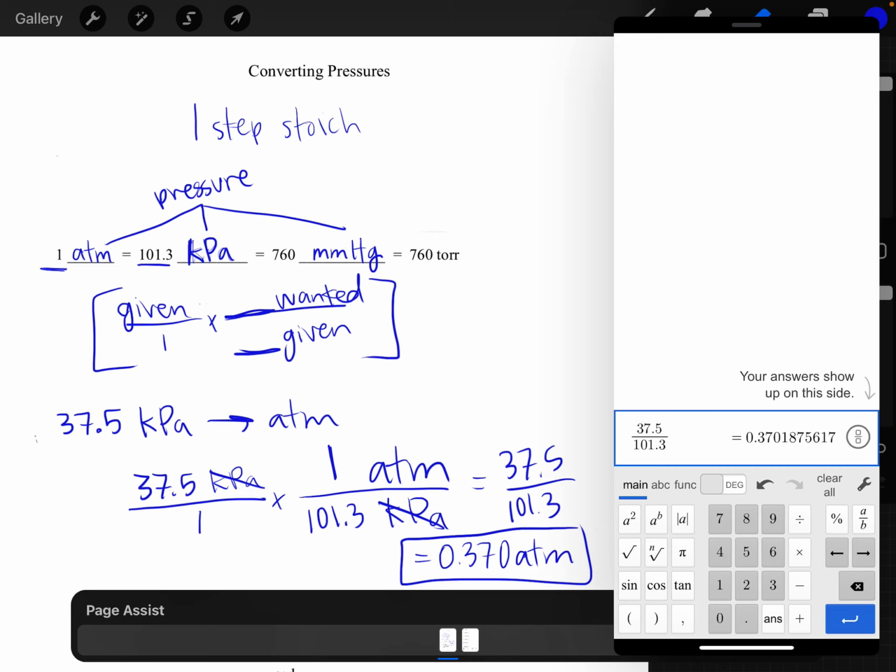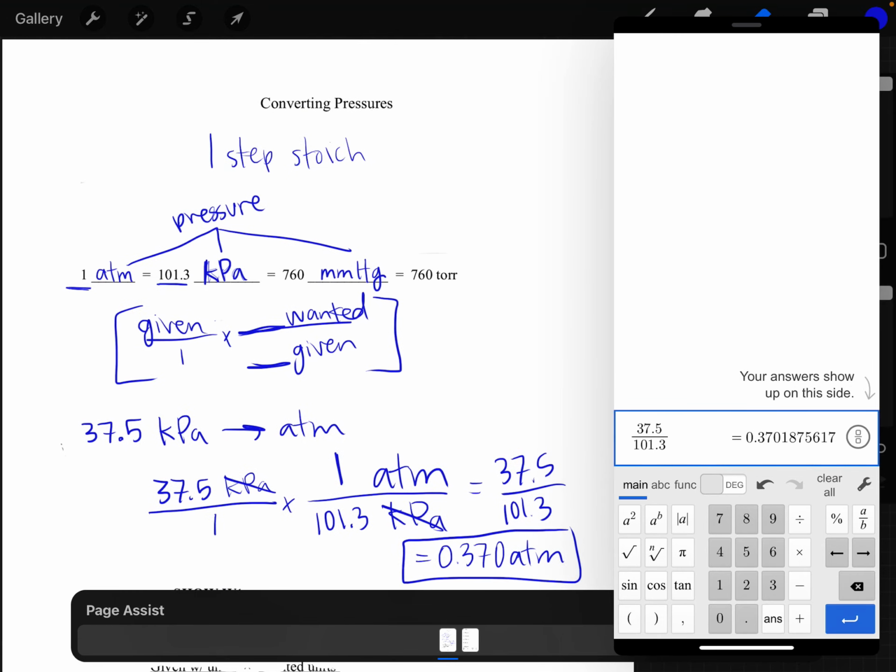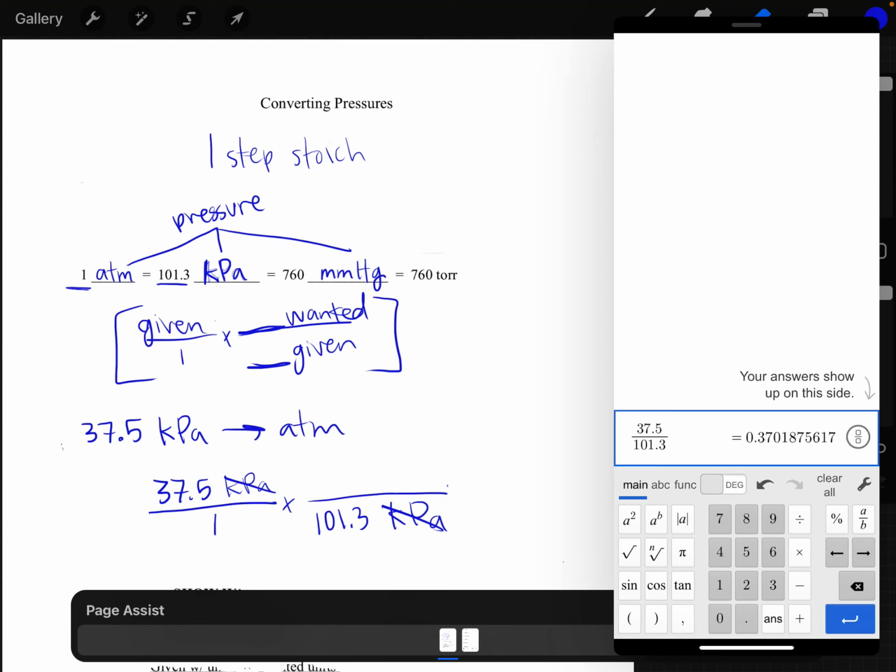Okay, you could also do this with millimeters of mercury. Let's say we wanted to get to millimeters of mercury. So instead of getting to atmospheres, if it wanted millimeters of mercury, I would put who I wanted on top, which is millimeters of mercury.